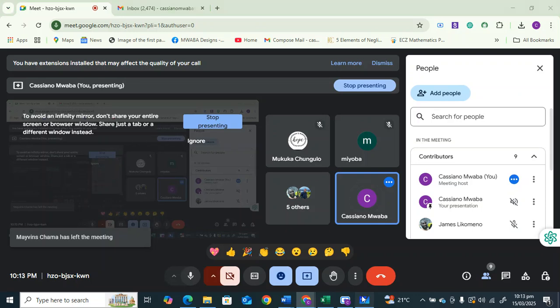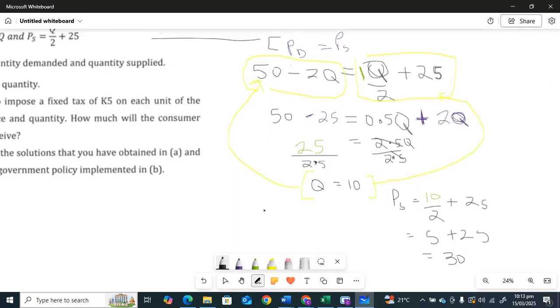Yes, equilibrium price, because remember PS equals PD, so the equilibrium price, 30 kwacha. Any questions, colleagues?